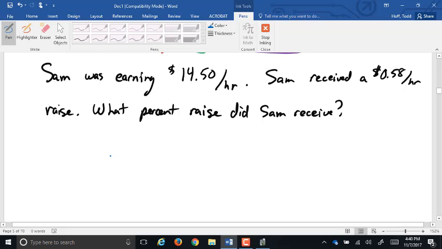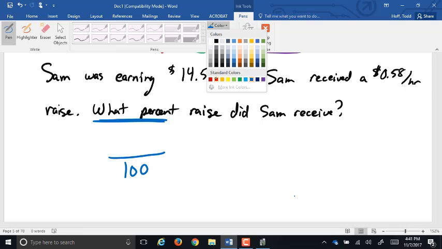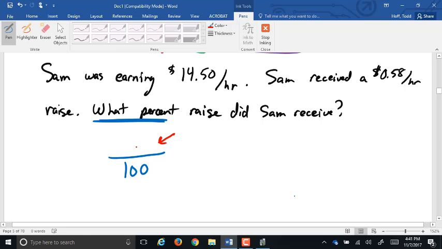Well, we're going to start with the percent, but we're missing the percent. What percent means we are finding the percent here. Now we have to ask ourselves, if we knew that percent, what is it representing? Well, it's what percent raise. What percent is that raise?